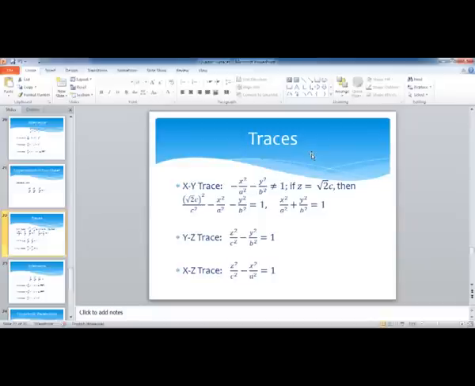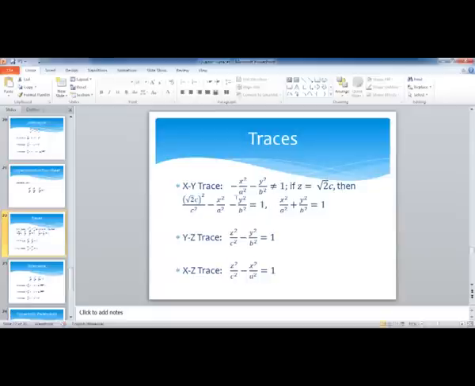For xy trace, in this case, we can't equate z equal to 0 because negative x squared over a squared minus y squared over b squared can never be 1. So let's replace z with square root 2c.